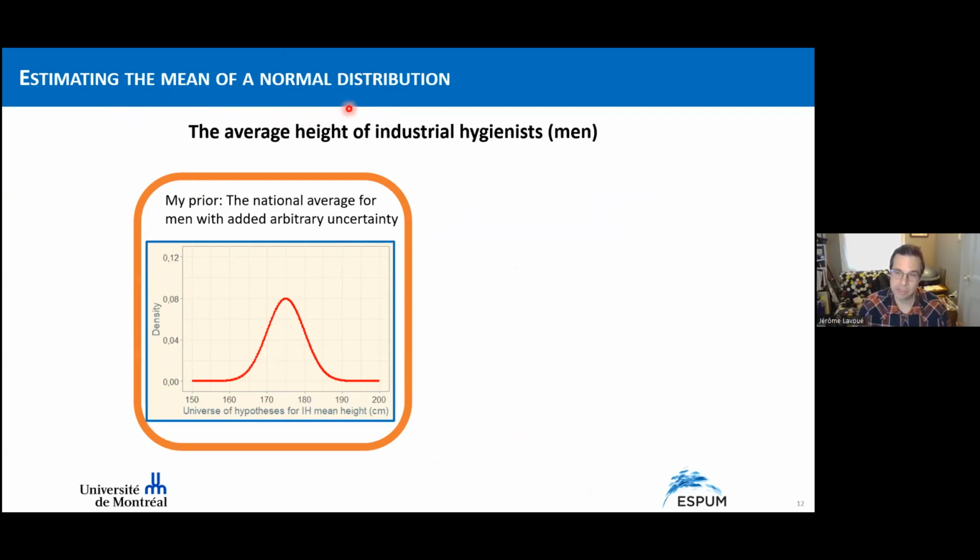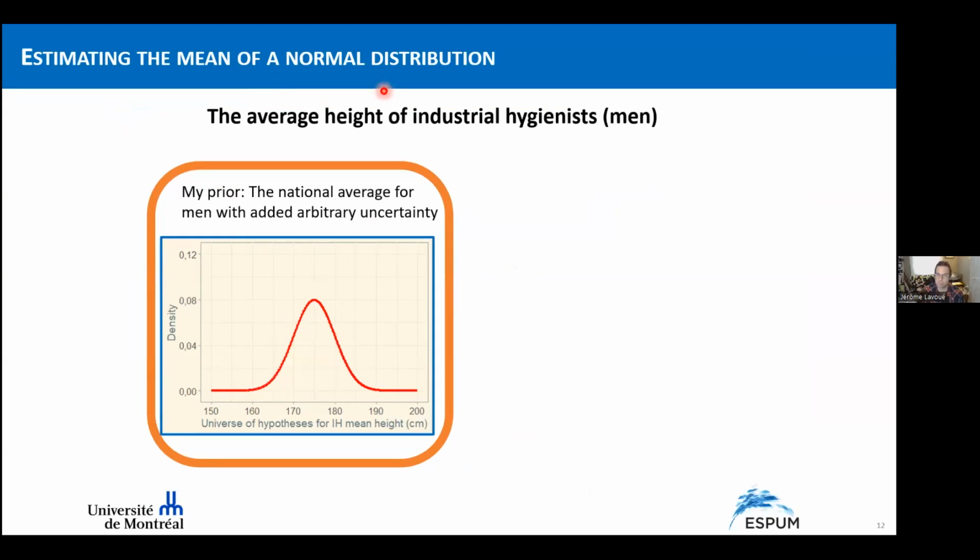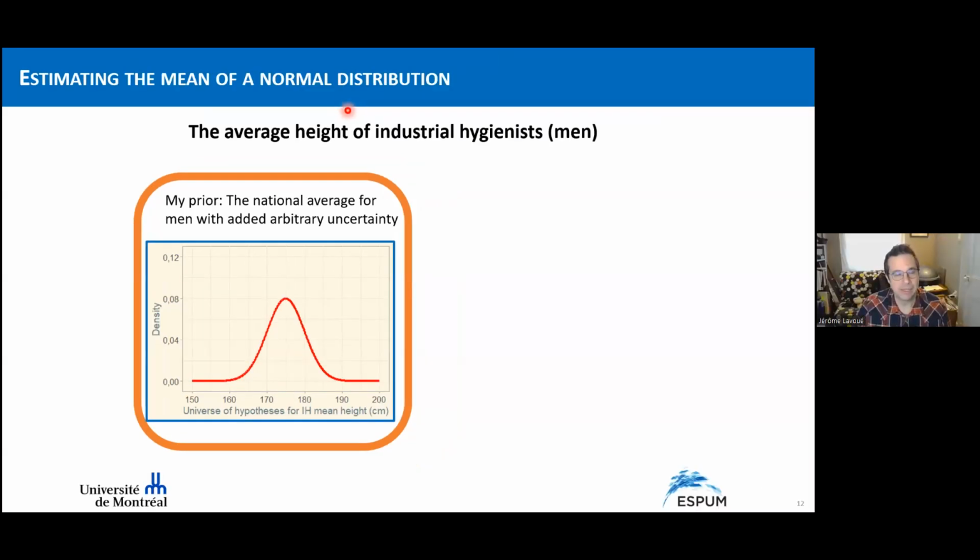And even simpler than that, a normal distribution for which we know the variance. So there's only one unknown parameter in that problem. We don't know the mean.